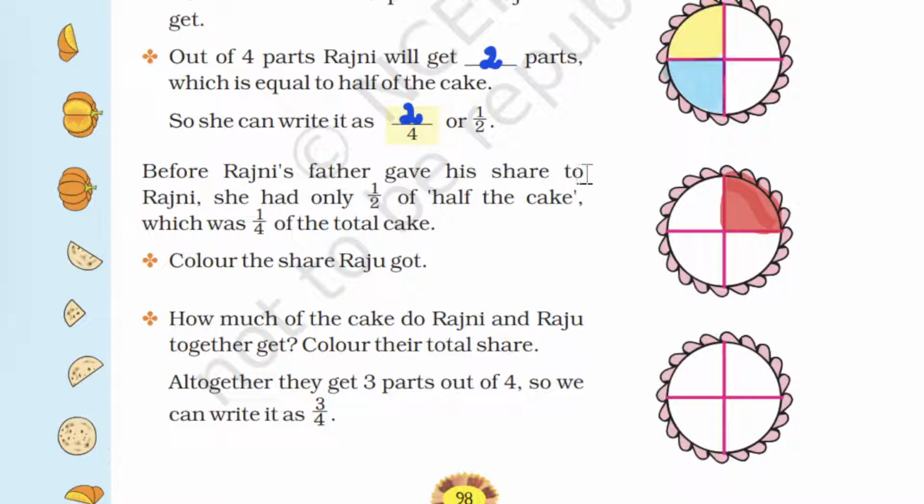So the yellow color is Ranjini's, which she initially had. And after that, her father gave his share to Ranjini. So let me color this out.